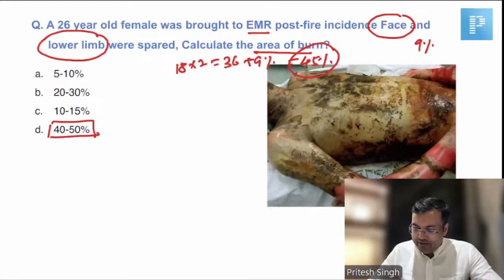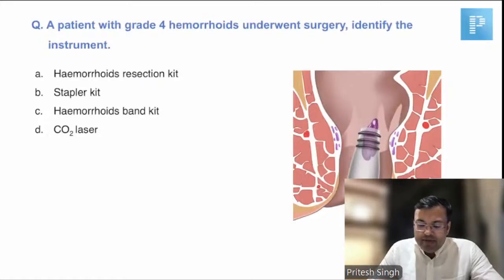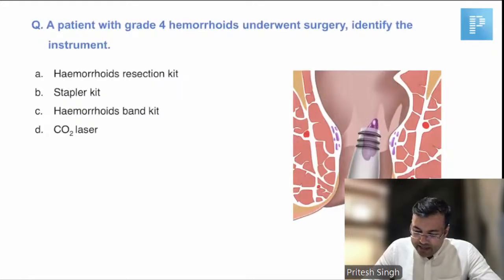Okay. Next question. A patient with grade 4 hemorrhoids underwent surgery. Identify the instrument. You can see here. Grade 4. The options are hemorrhoid resection kit, stapler kit, hemorrhoid band kit, CO2 laser.